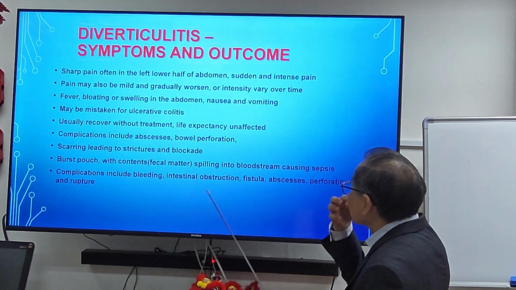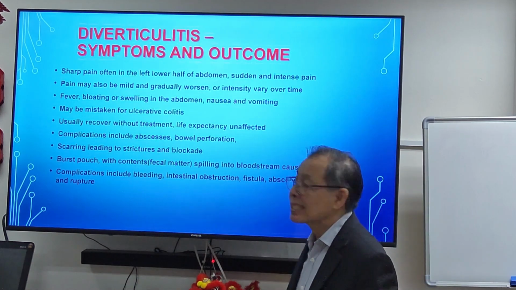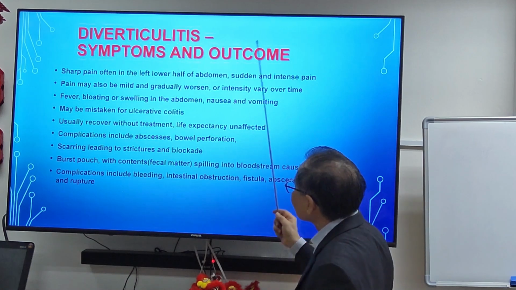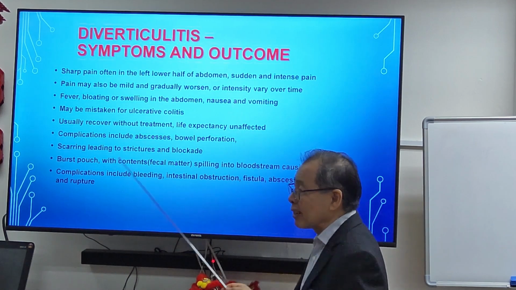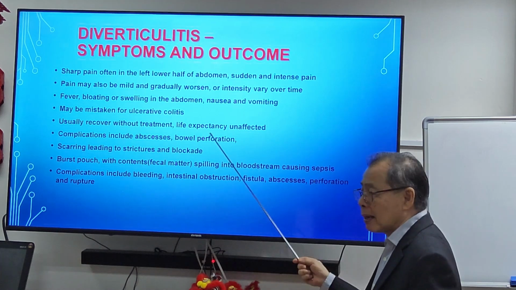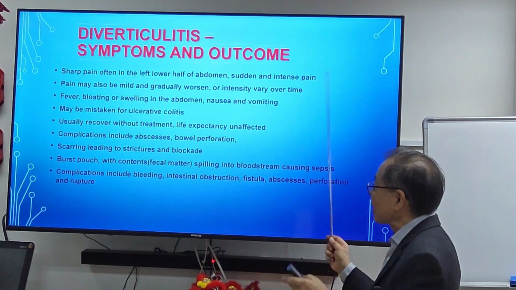So what are the symptoms? This also has a sharp pain, right? The pain may be mild, with fever and bloating, and it is sometimes mistaken for another disease called ulcerative colitis. If you recover, you become normal, with normal life expectancy.